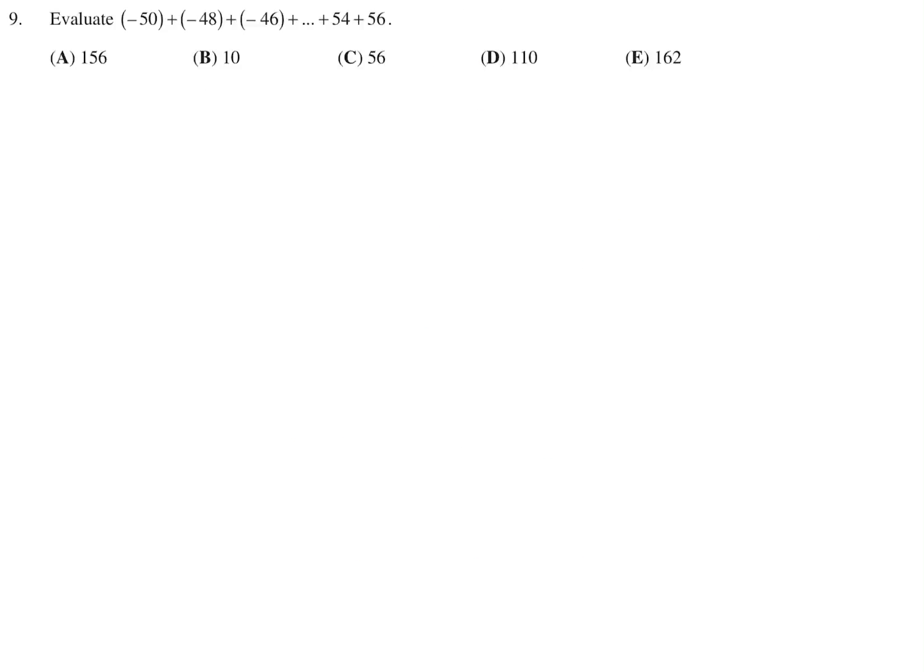Evaluate minus 50, minus 48, minus 46, all the way up to 54 and 56. Okay? So minus 50, minus 48, minus 46. And then you keep going like this. And then eventually you're going to get on the other side, on the positive side, 50, 52, because it's going up by 2 every time, 54, and then finally 56.